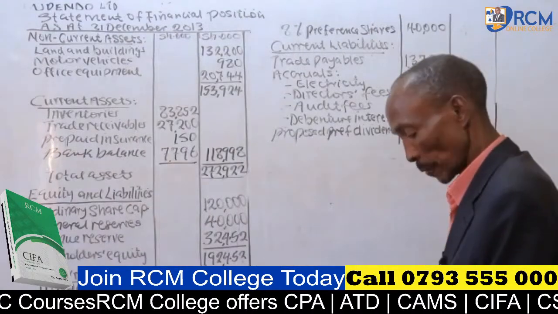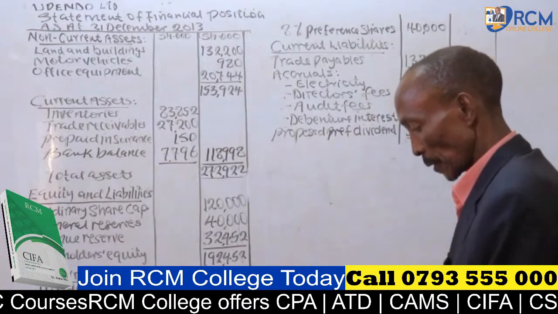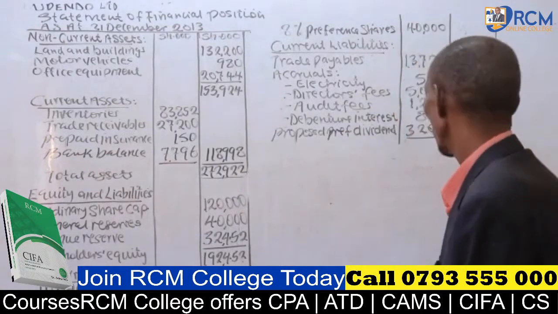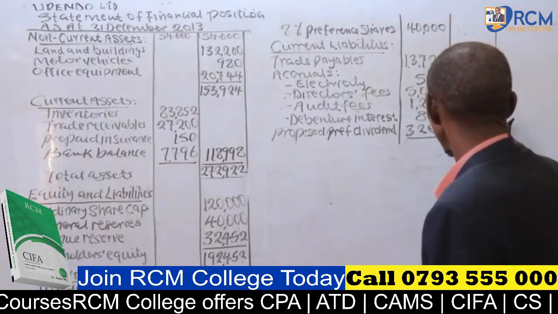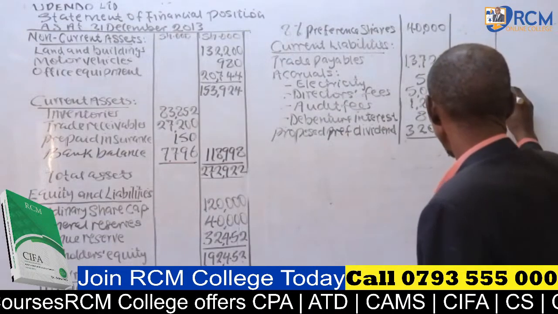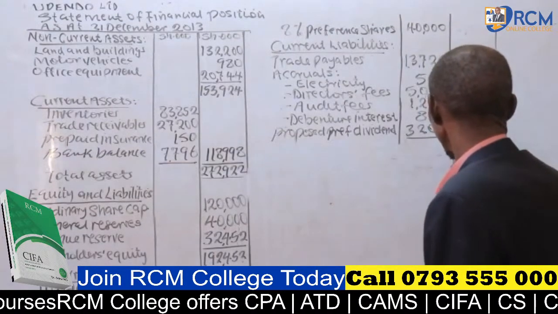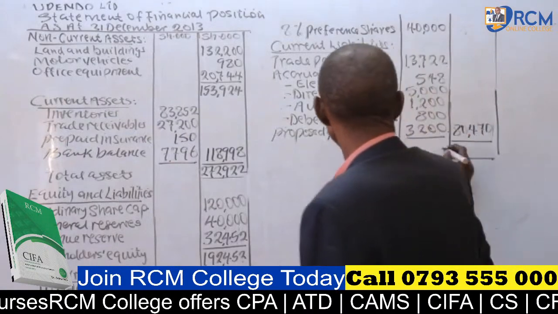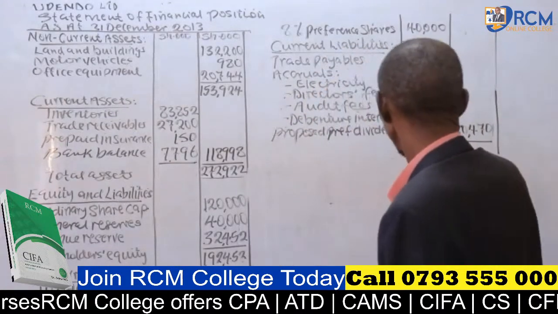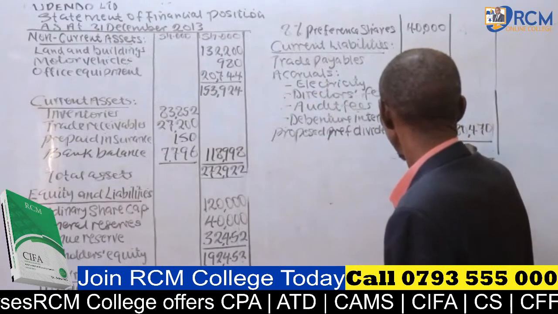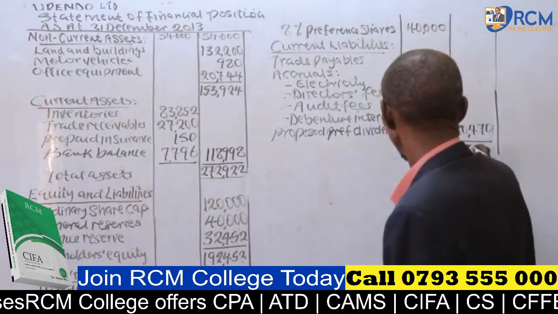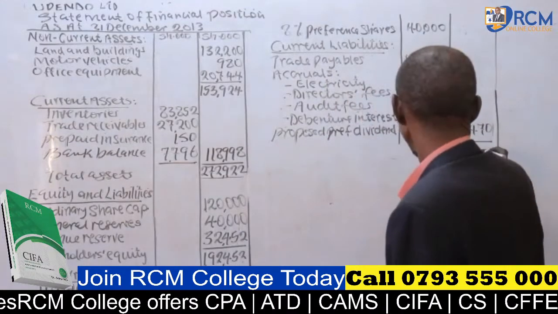Equity is 192,452. Then one gets 272,922. That gives one the confidence that things are right. So the total is 272,922.